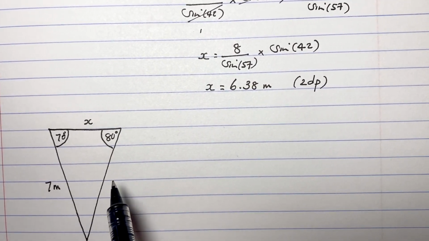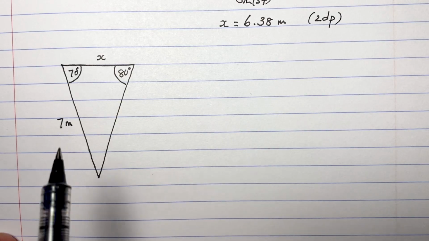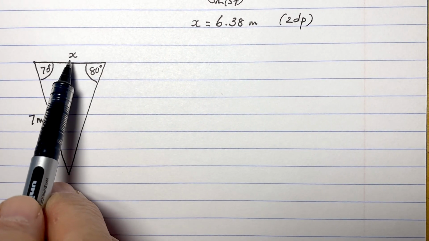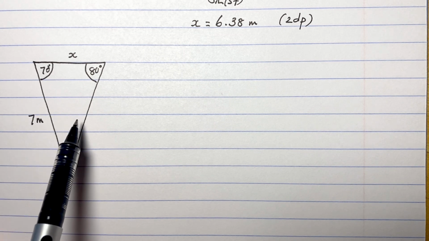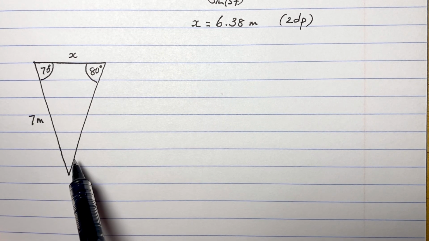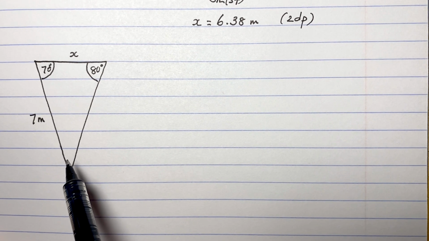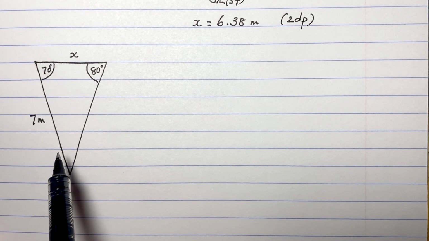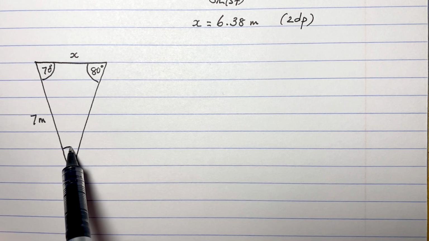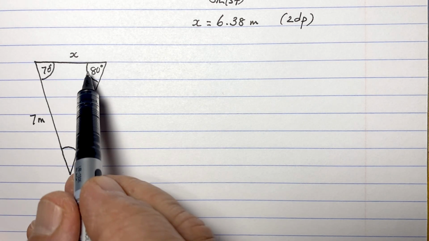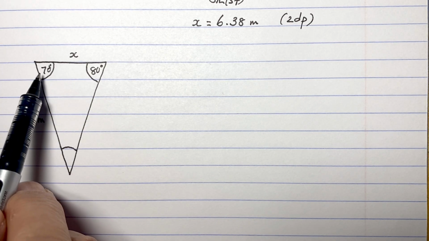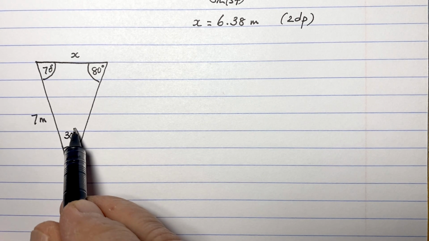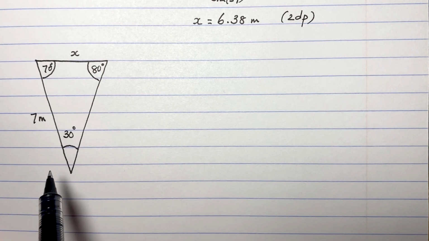As I mentioned before, I would try to do this using cosine rule. To find x, I need that side and the angle between. The angle between is not given but can be obtained. I can find this angle because angles of a triangle add up to 180 degrees, 70 and 80 is 150, so it is 30. Although it wasn't given, I obtained it anyway.